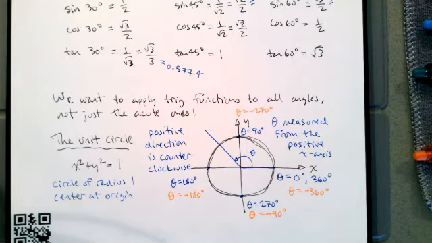What we want to recognize is that however big or small our angle is, it'll always correspond to an angle between 0 and 360. There's always going to be some representation in those first 360 degrees. So if I have a 1,000 degree angle, that's clearly been around the circle a couple of times.